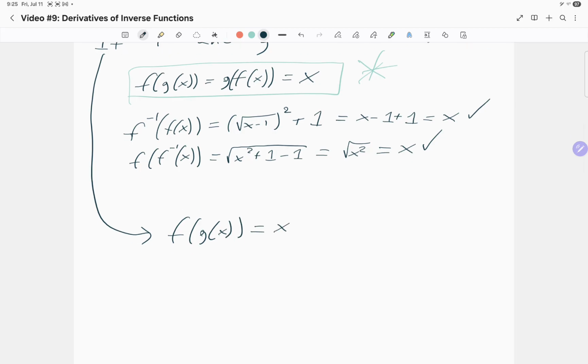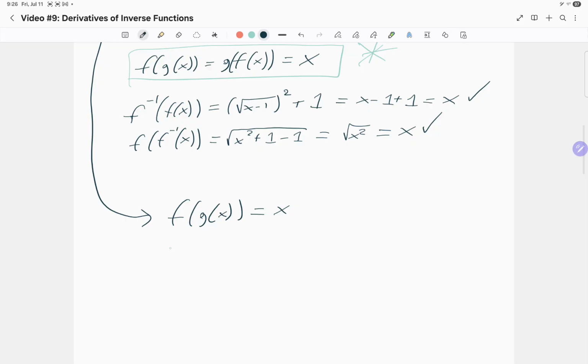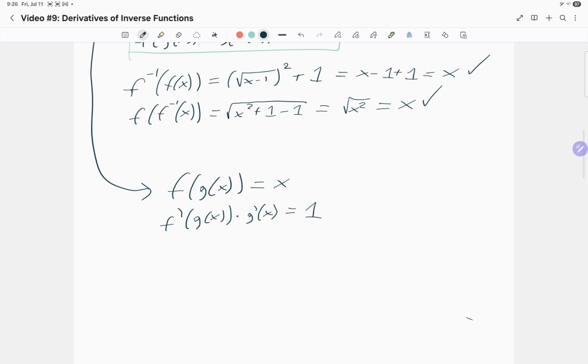If we take the derivative of both sides, we have a chain rule scenario where we'll have f prime of g of x times g prime of x equals 1, since d/dx of x is just 1. And so if we want to solve for g prime of x, we have g prime of x equals 1 over f prime of g of x.